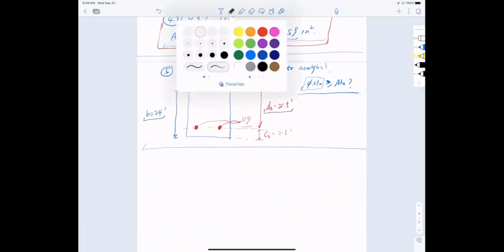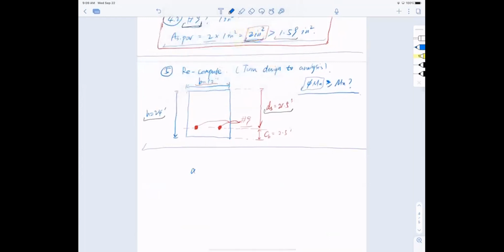So a, which is the effective compressive zone, equals what? As Fy divided by 0.85 f'c b. Okay, so let's bring in the numbers. As is 2 inch squared, Fy is 60 ksi, divided by 0.85 multiplied by f'c, which is 4 ksi, and a 12 inch width.